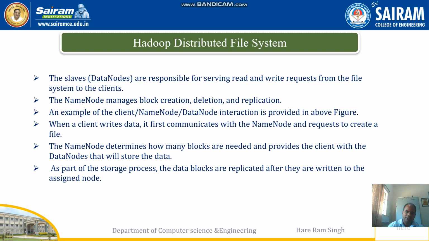So the name node first finds out how much storage the client needs. Based on the availability of space in the data nodes, the location of the data node will be provided to the client.